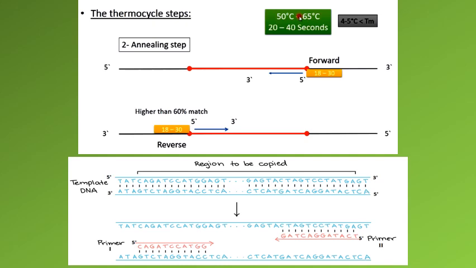This attachment between primer and template DNA occurs by complementary binding via hydrogen bonds to form double-stranded polynucleotides. This step takes about 20 to 40 seconds at a temperature of 50 to 65 degrees.